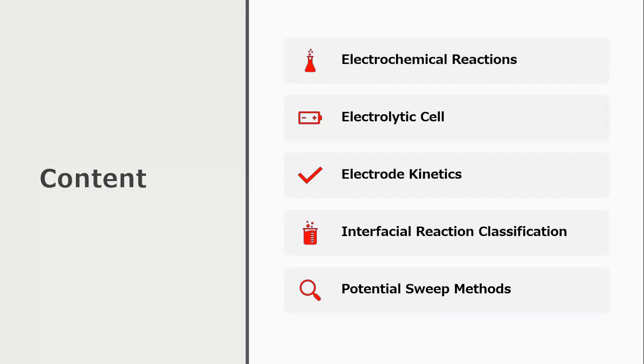We start with the electrochemical reaction, the electrolytic cell, electrokinetics, and interfacial reaction classification. We're not going into the details of the potential sweep methods, but we'll take a quick overview and discuss them in detail in tomorrow's topic.